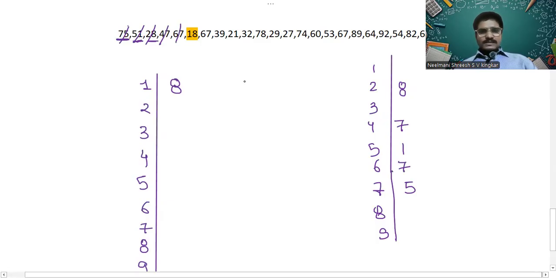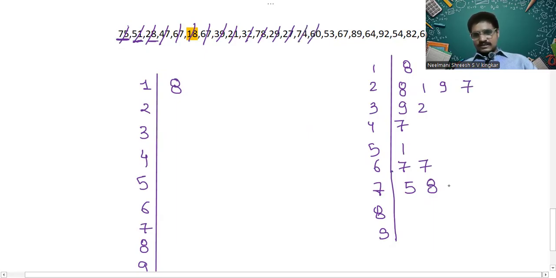This is 67, this is 18, because the only one, the 67 again repeats, that means 67 is getting repeated. 39, 21. 32, 78. 29, 27. 74, 60. 53, 67. 89, 64. 92, 54. And 82 and 68.